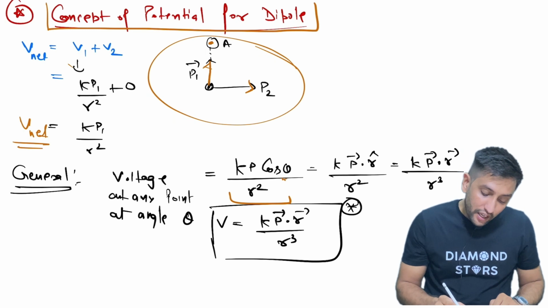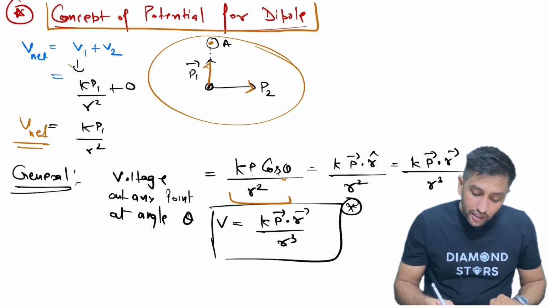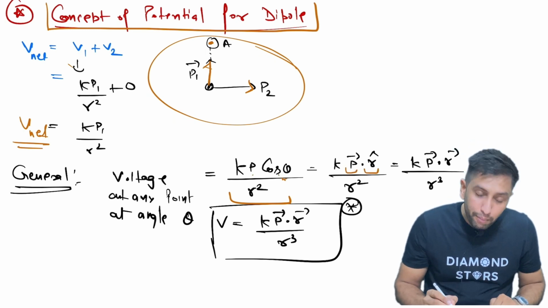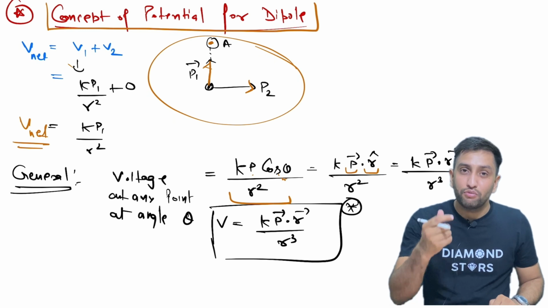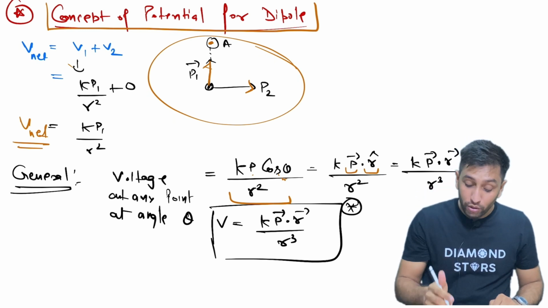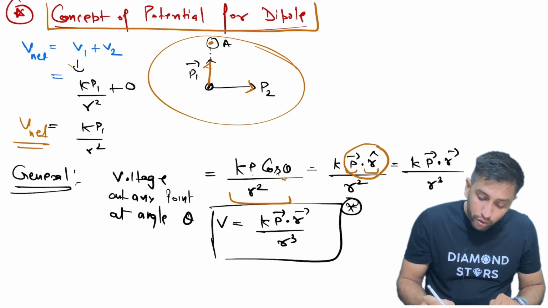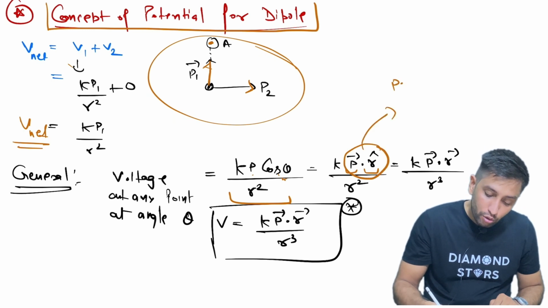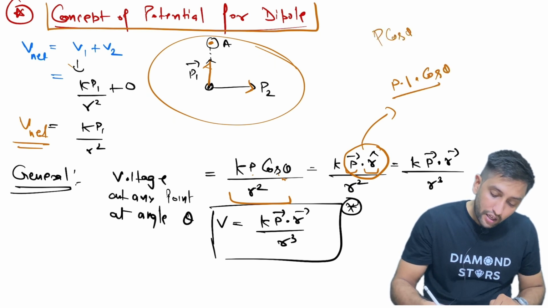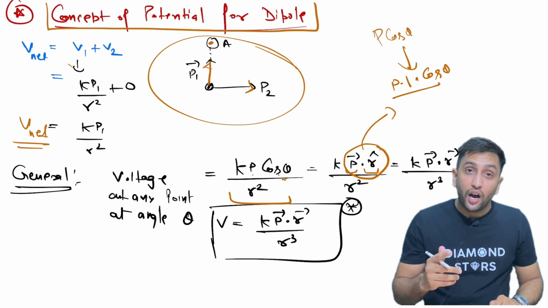This is kp cos theta. Can I write it as p vector dot r cap, because r cap is a unit vector which is having the magnitude 1? But when you open this dot product, you will be having p dot r cap, जिसका magnitude 1 है. Okay, this is cos theta. So p cos theta can be written like p vector dot r cap.